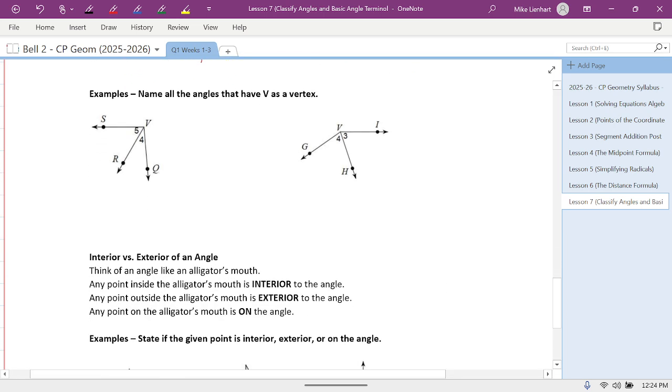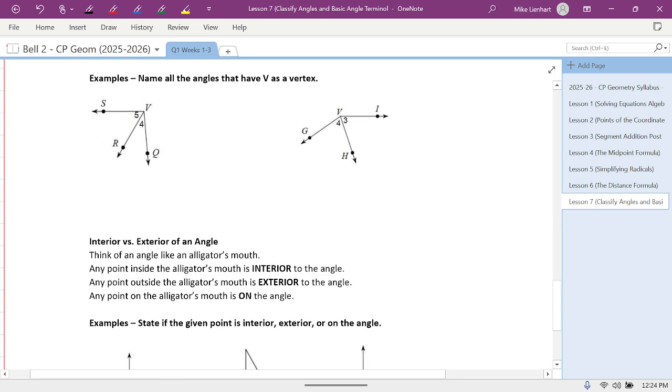Okay? All right, the next set of examples say name all the angles that have V as a vertex. All right, so I see V right there. I notice the big angle, SVQ. I'm going to start with that. Angle SVQ has V as a vertex. Now that's the big angle again, right there.